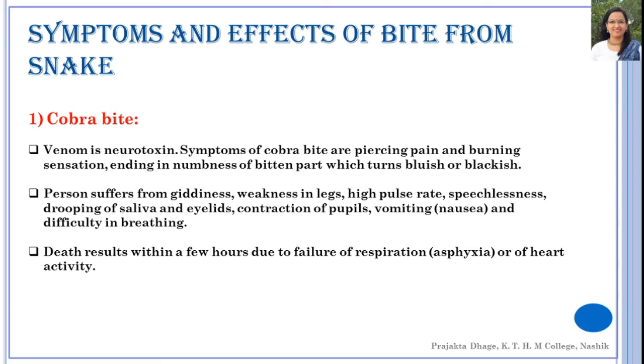Contraction of pupils is also seen, along with vomiting or nausea, and the person also faces difficulty in breathing. Death results within a few hours due to failure of respiration or failure of the heart activity.